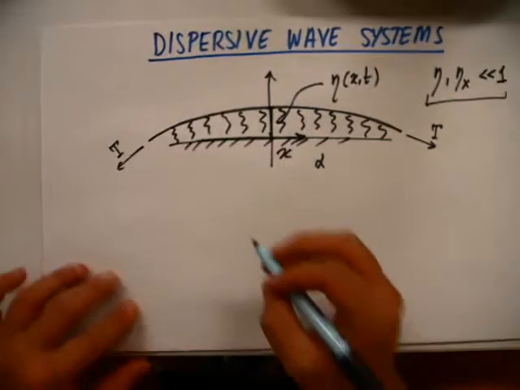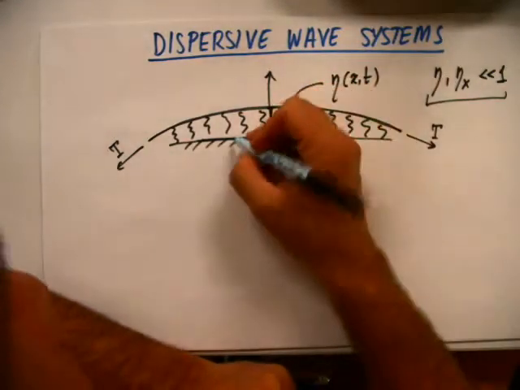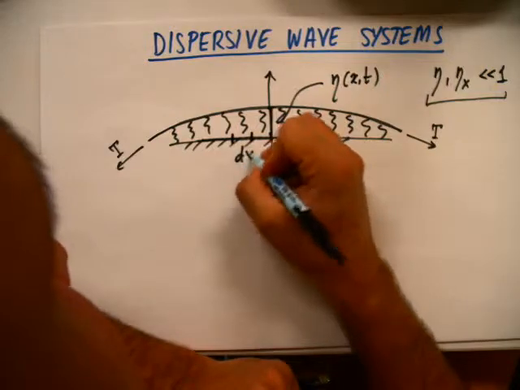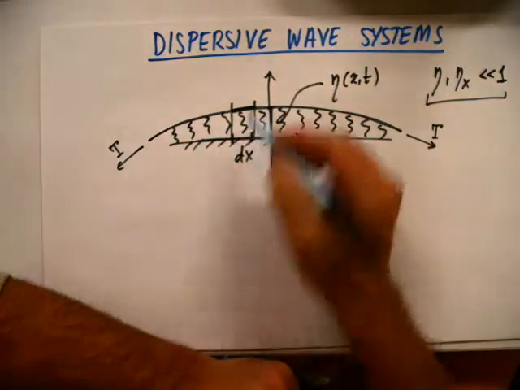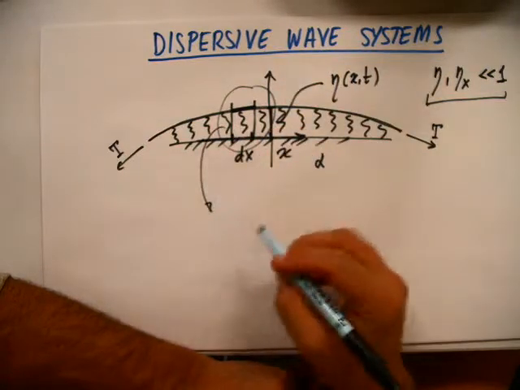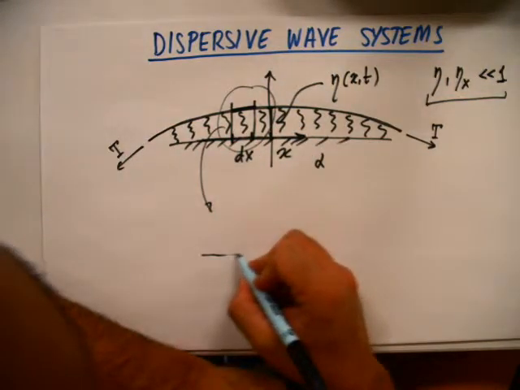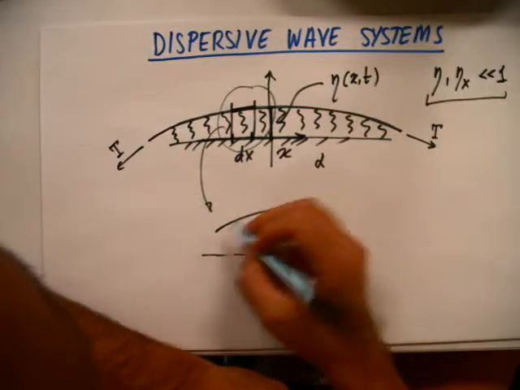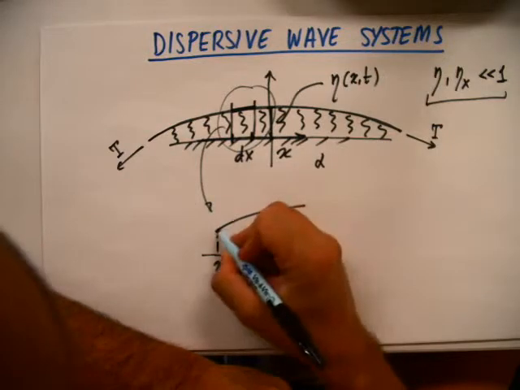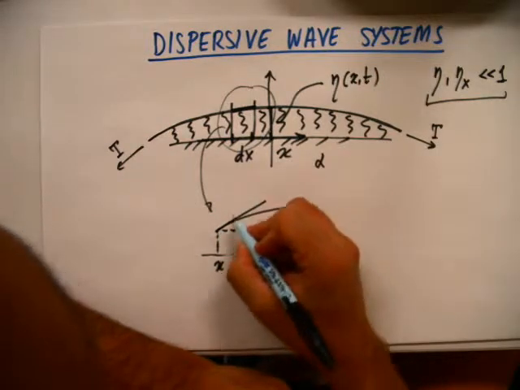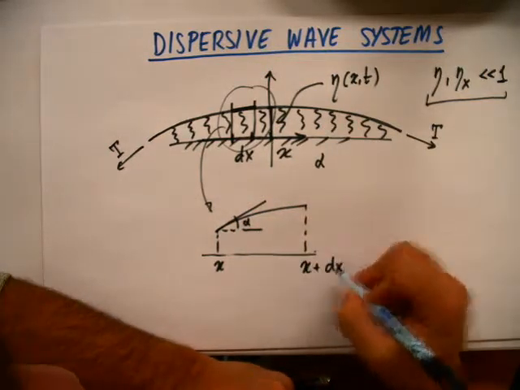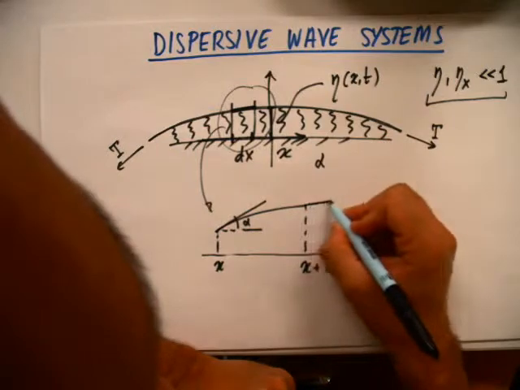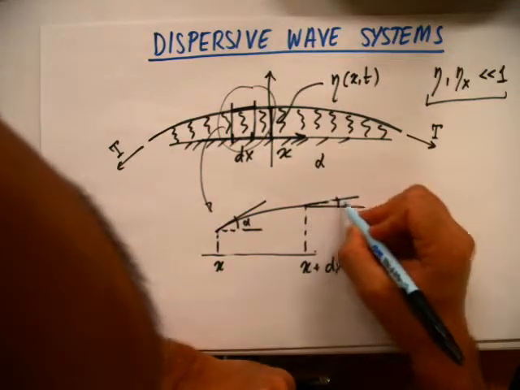That said, let's consider an infinitesimal element delta x, and let's study the equilibrium of this element. Here at the location x, it has the slope alpha, and at the location x plus dx the slope changes. It's going to be now alpha prime.